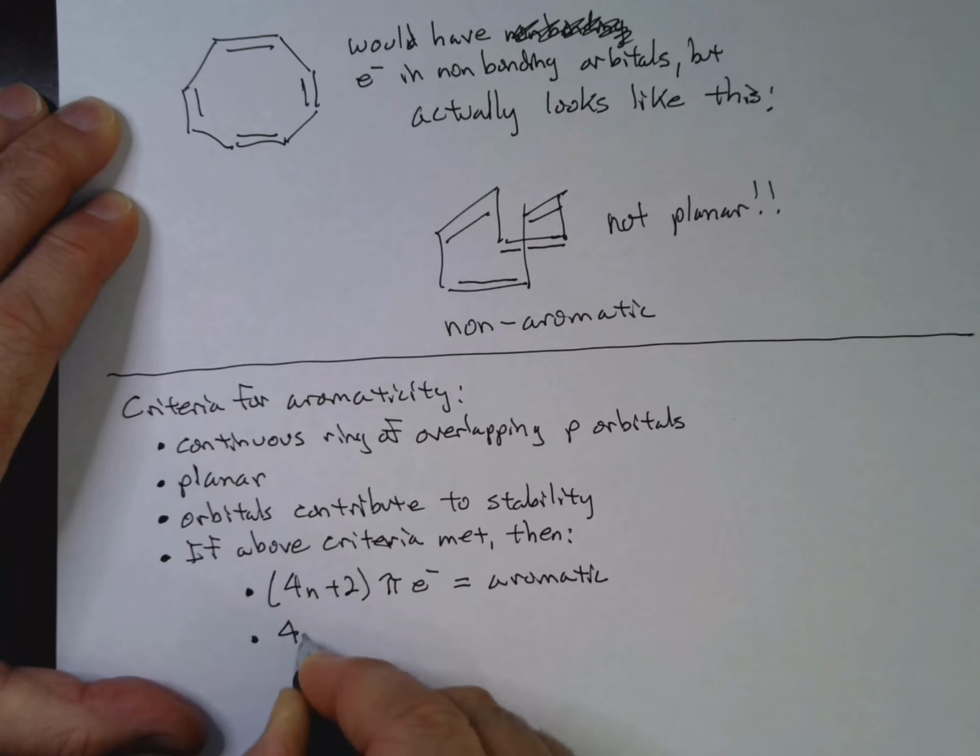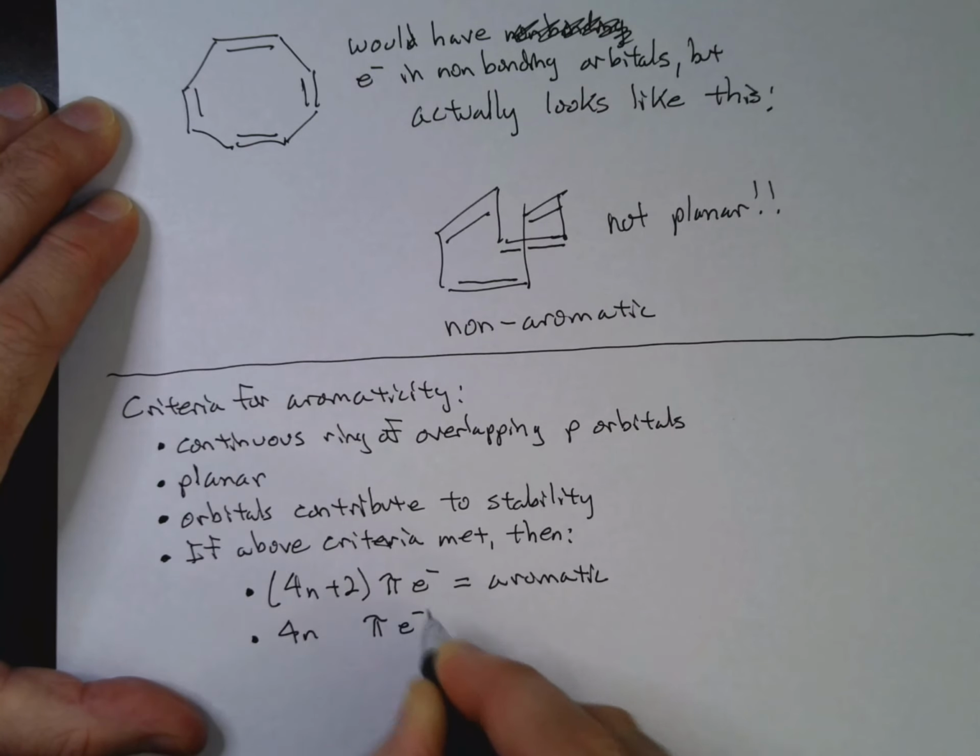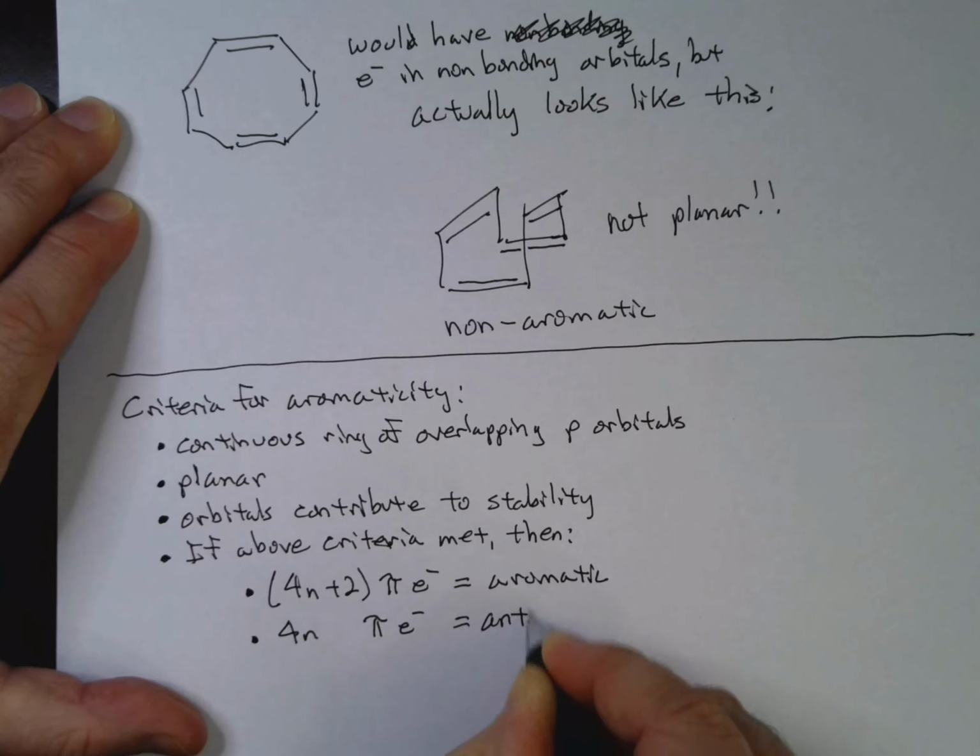If we have 4n pi electrons, that will be anti-aromatic.